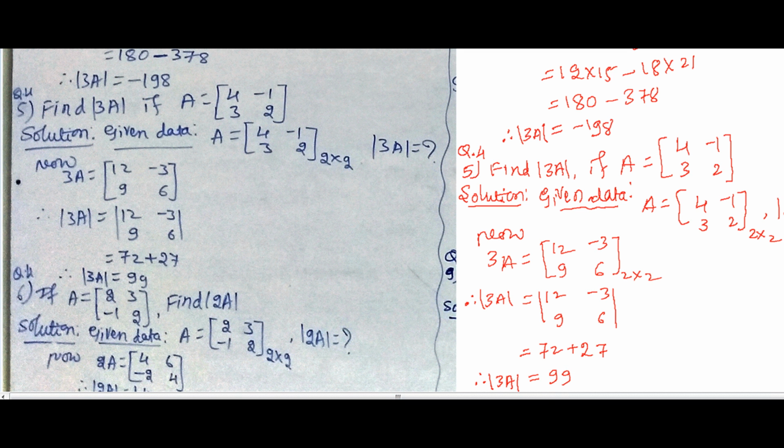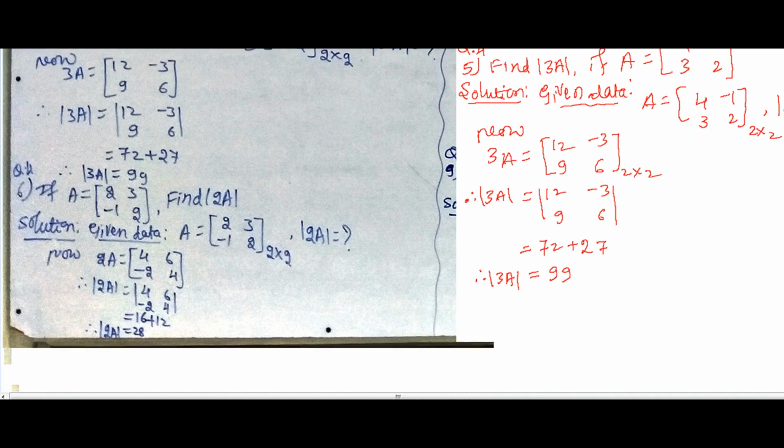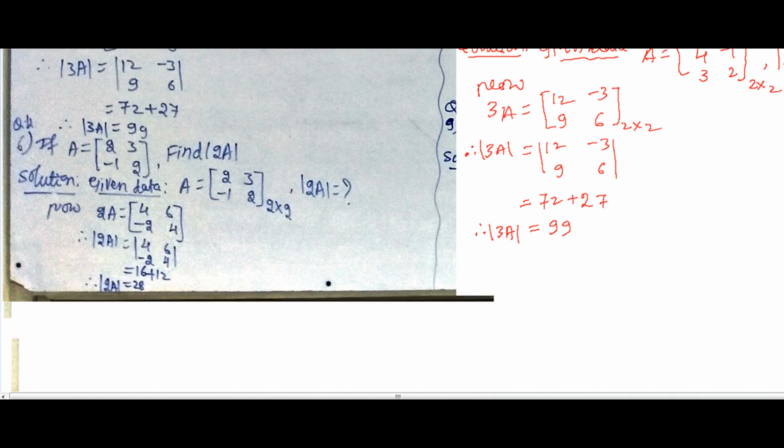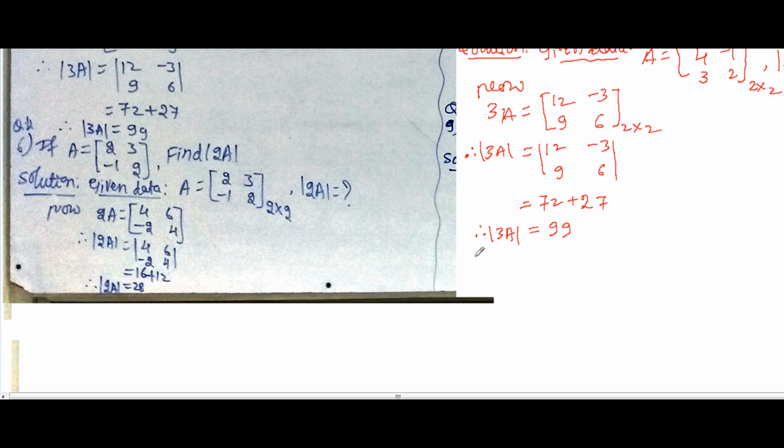Is it clear? Okay. Next, similarly, sixth problem here. We shall proceed with the sixth one. So the sixth he has given, you can also write as Q4. Usually the fourth question appears in the main examination.